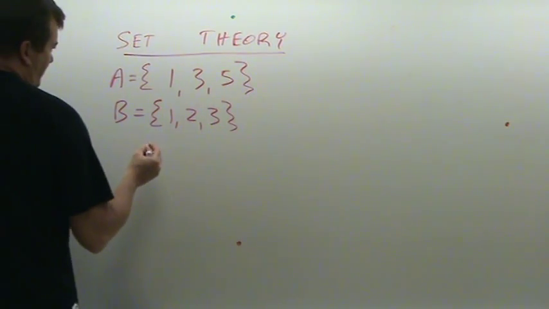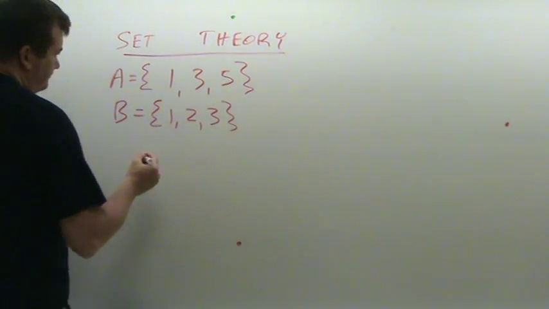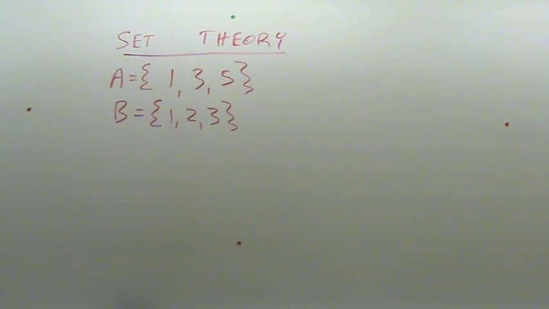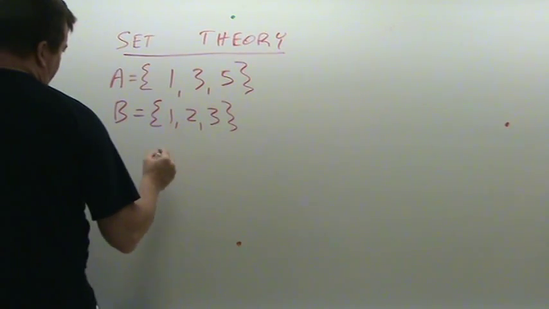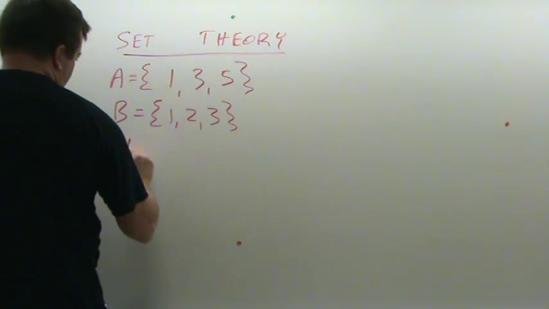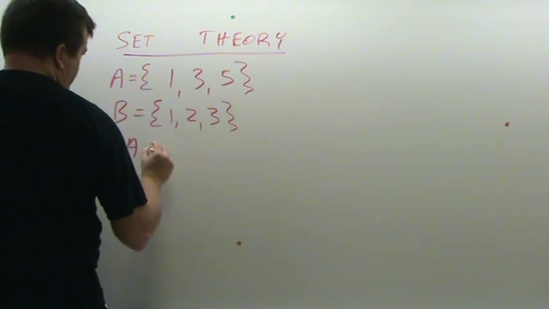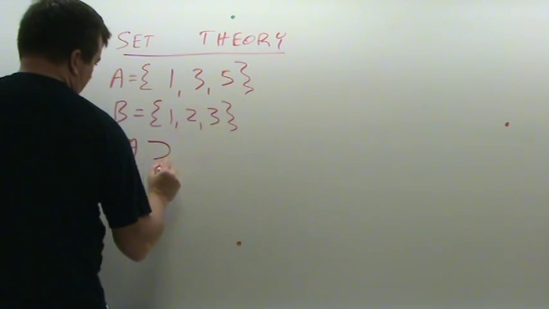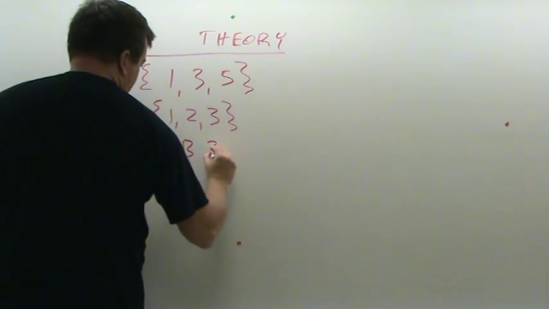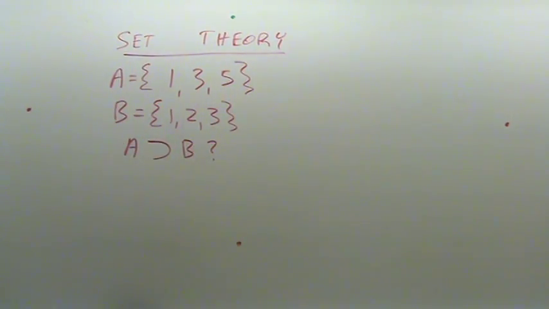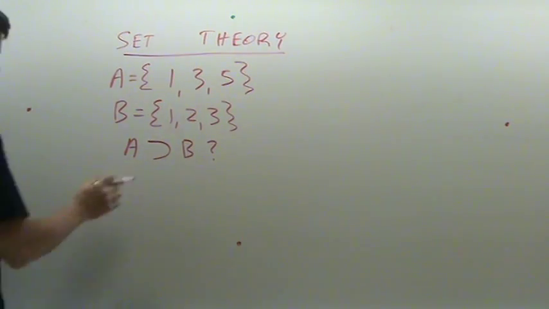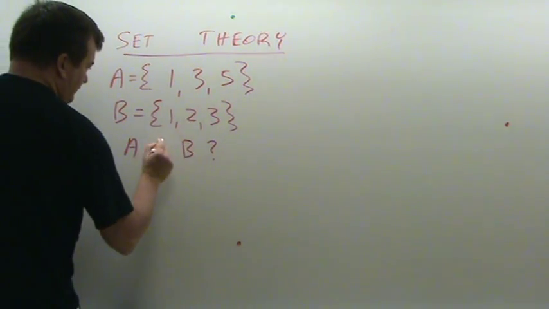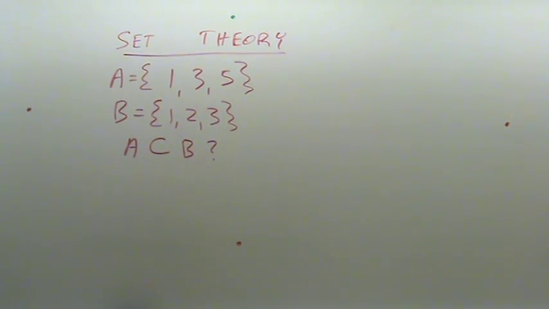So we could ask the question, is A a superset of, is everything that is contained in A also contained in B? And in this case, the answer would be no.